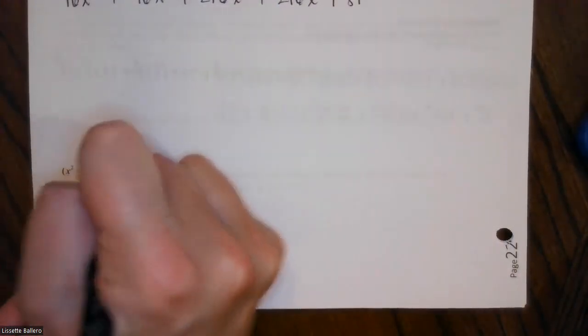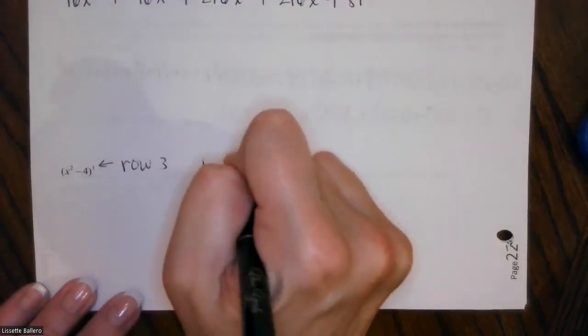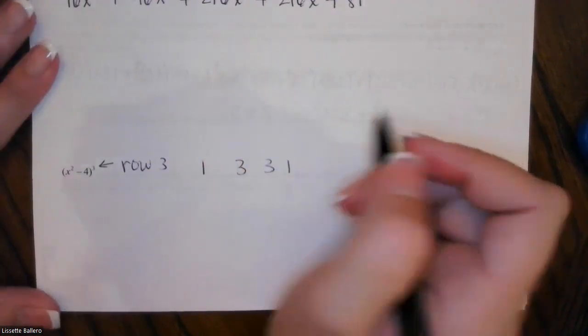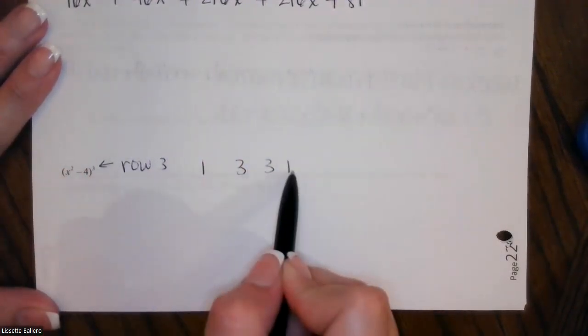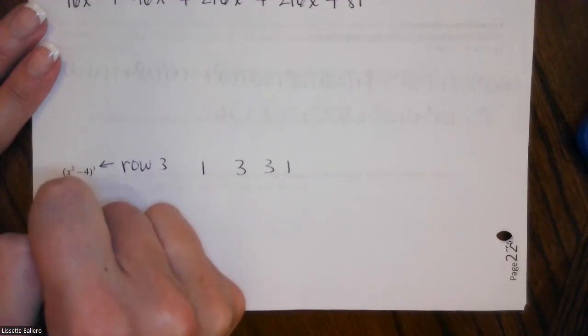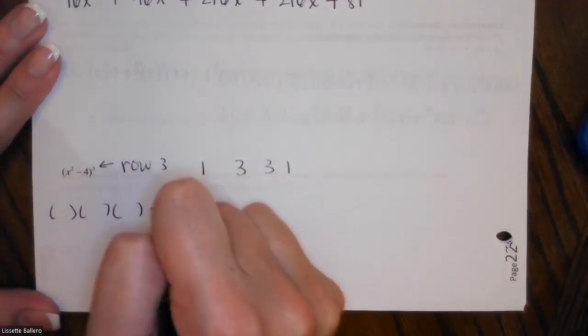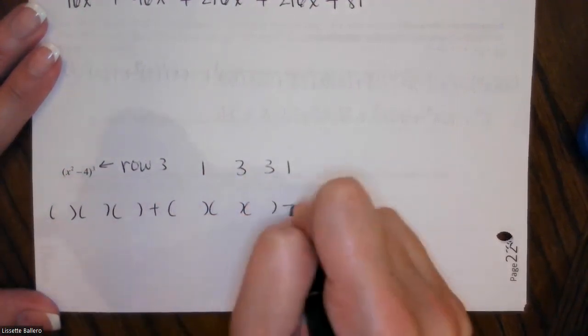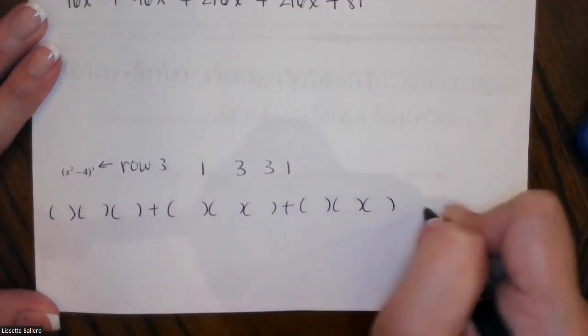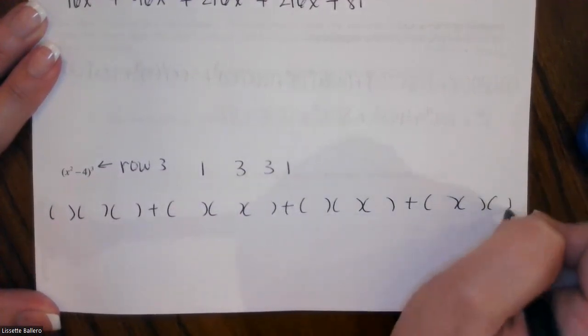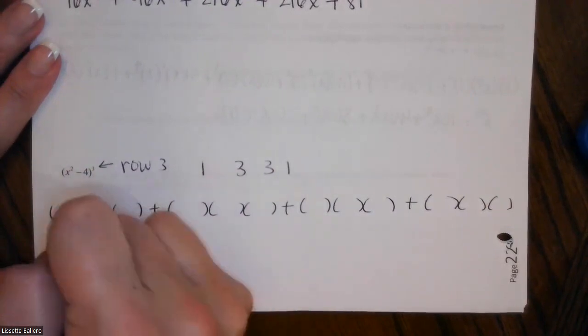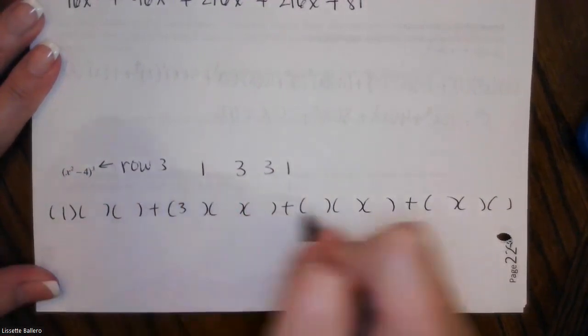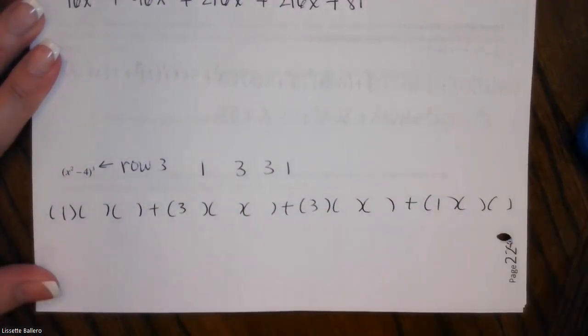In this case, this one is row 3. And so I would take row 3, which is 1, 3, 3, and 1. So I need 4 setups here. So I'm going to take my 3 parentheses, and I'm going to do that 4 times. I start with my coefficients, 1, 3, 3, and 1.